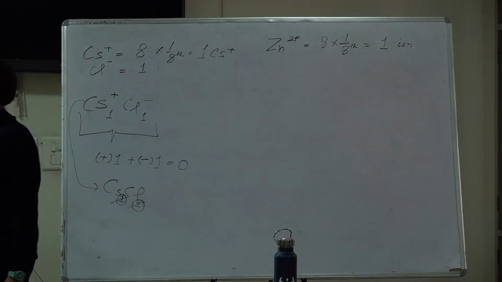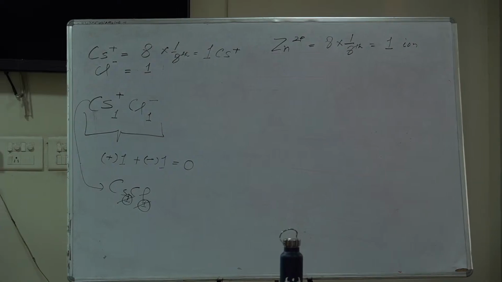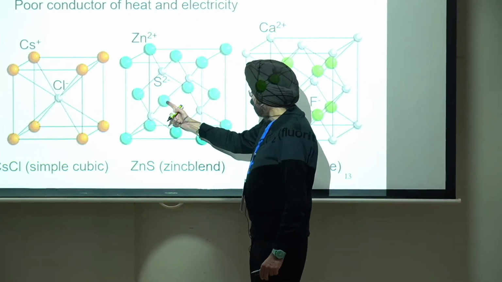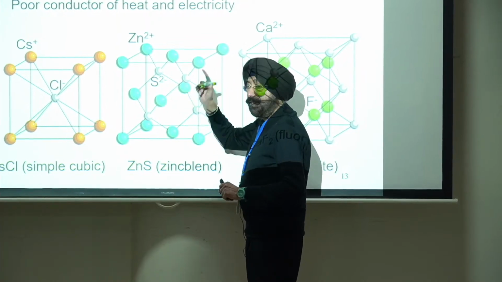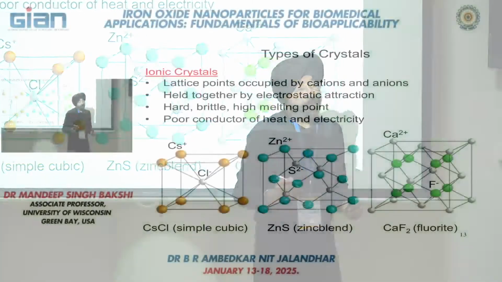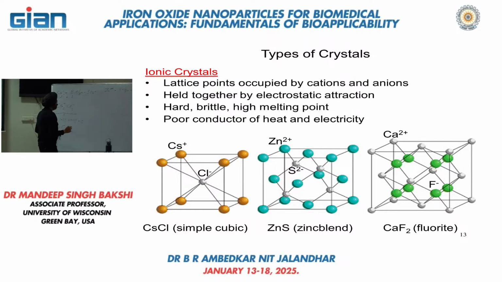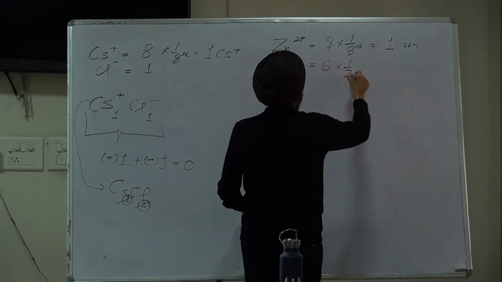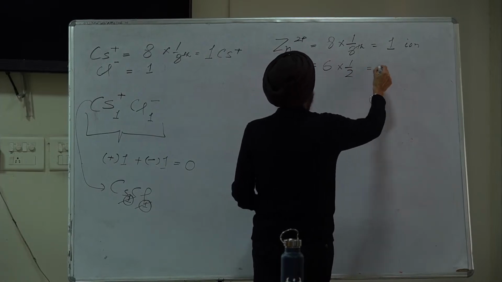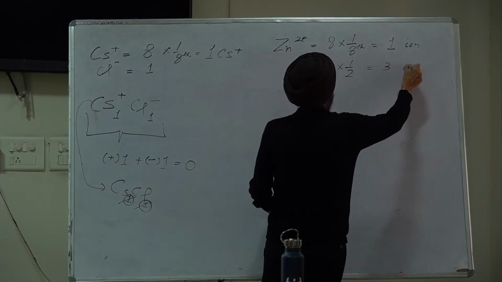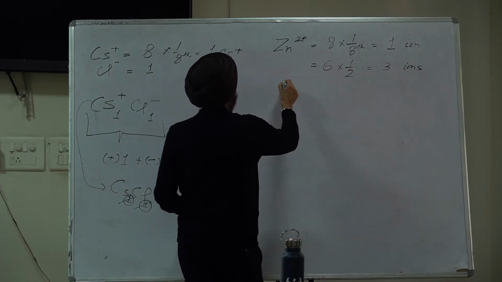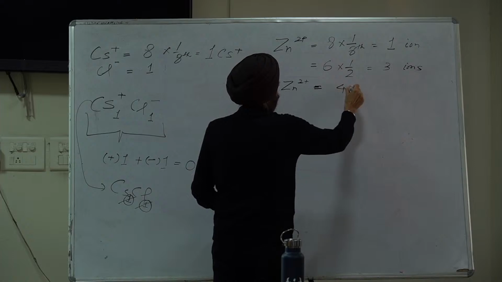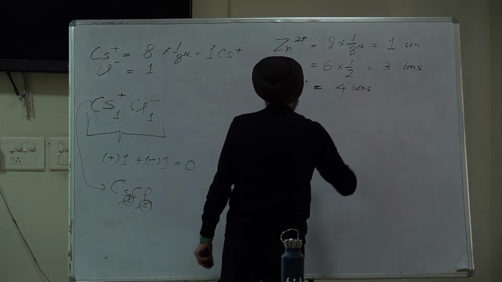You see the 6 ions? So this is the face, 1, 2, 3, 4. This one is the front face. This one is the back face. A cube has 6 faces. So therefore 6, 1/2 is contributed. So there are 3 ions total. Zinc has 4 ions.